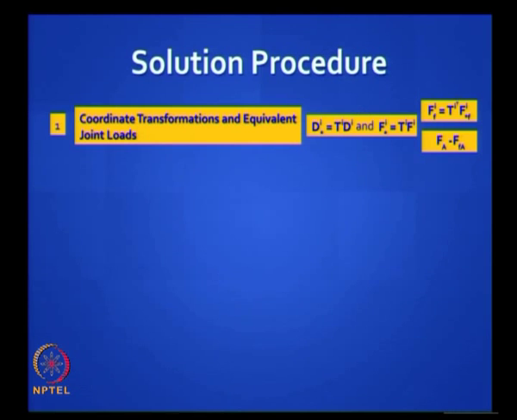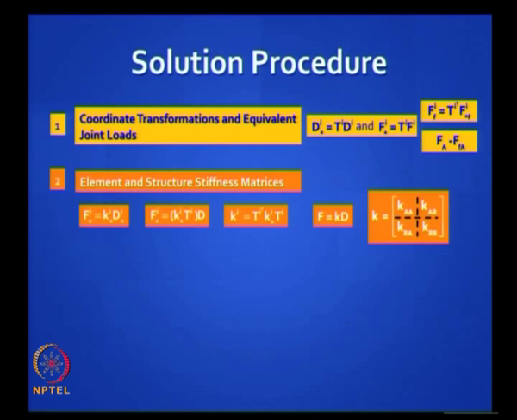So this is, you are familiar with this. First you find out the transformation matrices, find out the fixed end force vector, convert it into global coordinates, find the net load vector. The net load vector includes the nodal loads and the negative of the fixed end forces at the active coordinates.